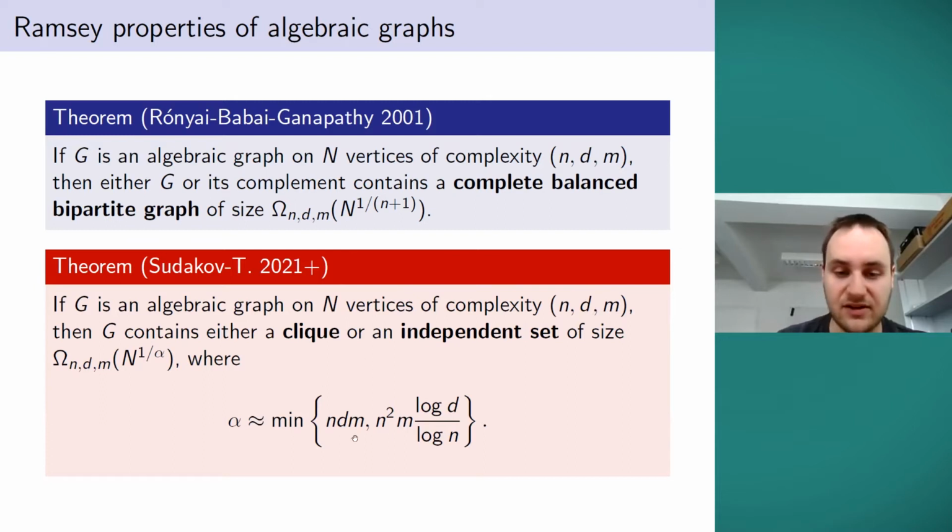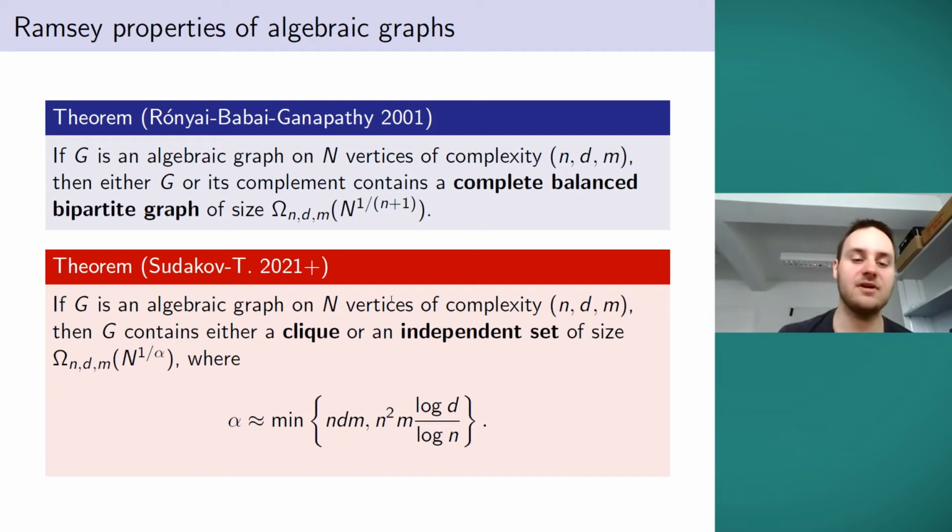And also this dependence on m, unfortunately we couldn't get rid of it, and it probably shouldn't depend linearly on m either. But this is what we could prove, and I want to talk a bit later about the proof of this result and the ideas of the proof.